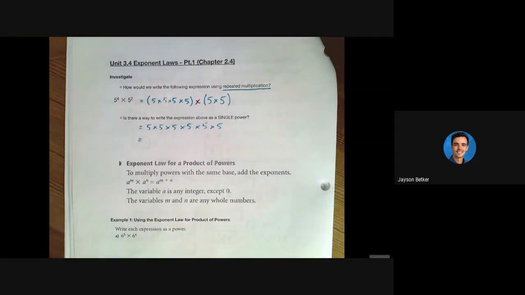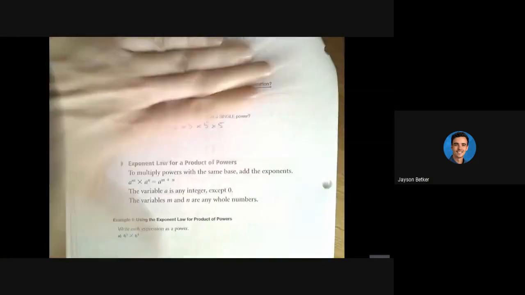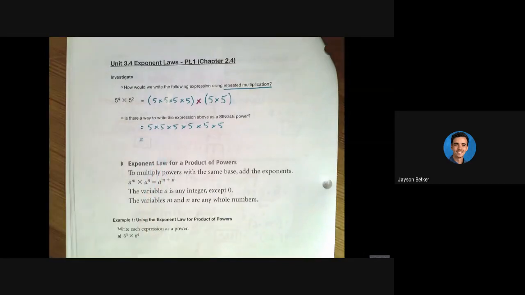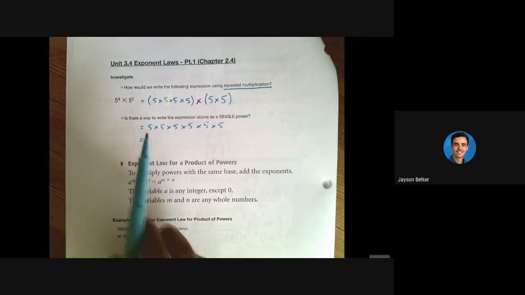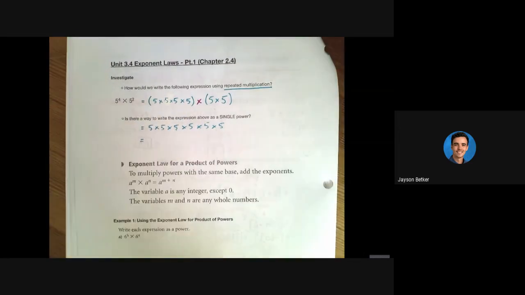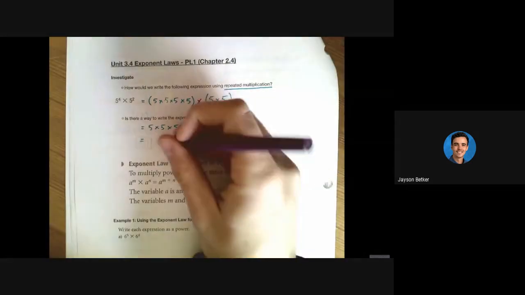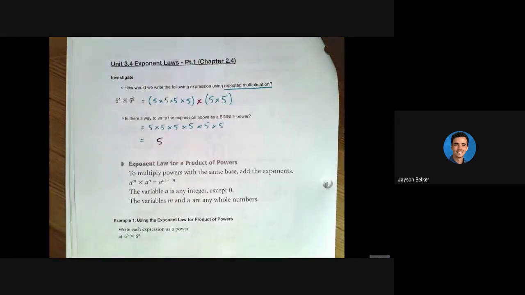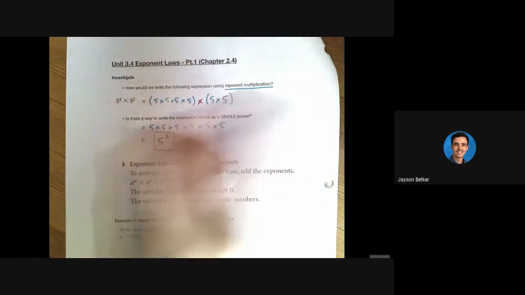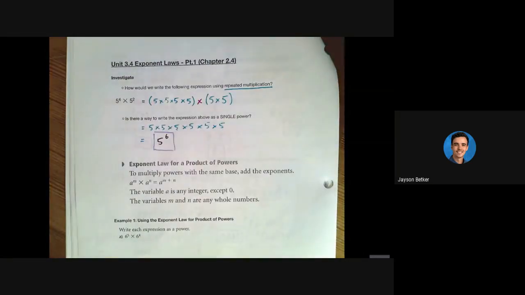Because now if I asked you to do this repeated multiplication and turn it into a power, you would count how many 5s there were: 1, 2, 3, 4, 5, 6. So you would write it out as a power with a base 5 and an exponent 6. So that is our final answer of how we can reduce 5 to the 4 times 5 to the 2.